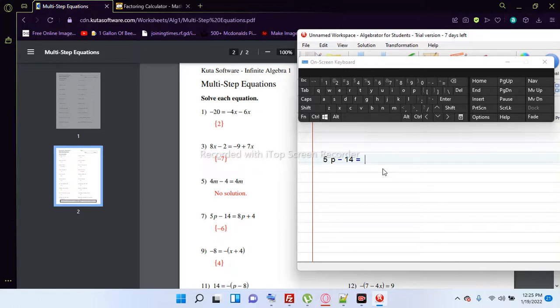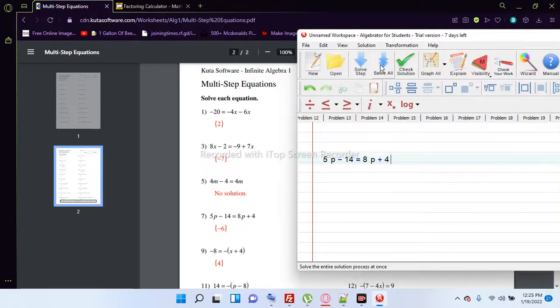But I'm still going to show these children out there how to use this Algebrator. It'll help.